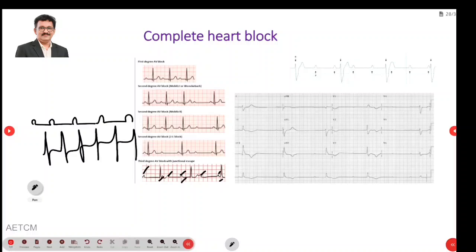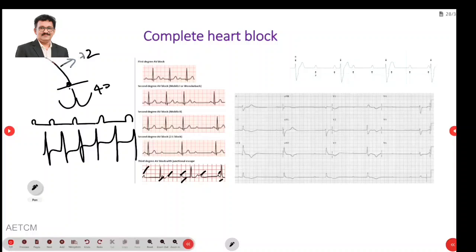That is because the SA node to AV node conduction is blocked. Then the AV node will not be functioning, so the junction or ventricle takes over the function. So the atria may be beating at 72 beats per minute, and the ventricles at a rate of 40 beats per minute. Ultimately the patient will develop bradycardia.